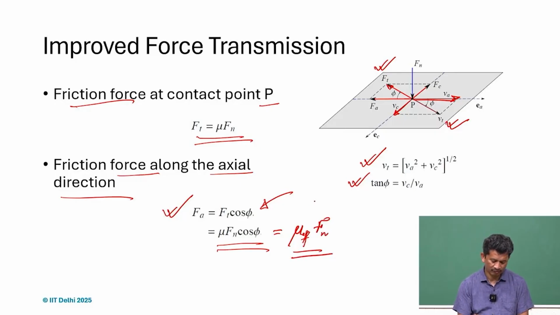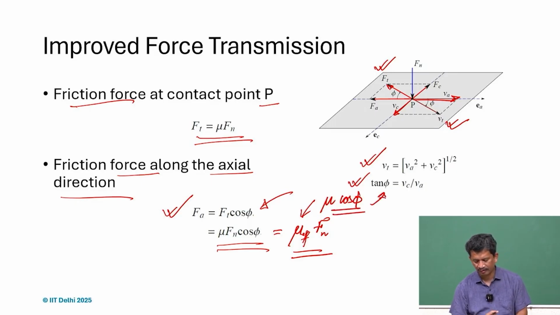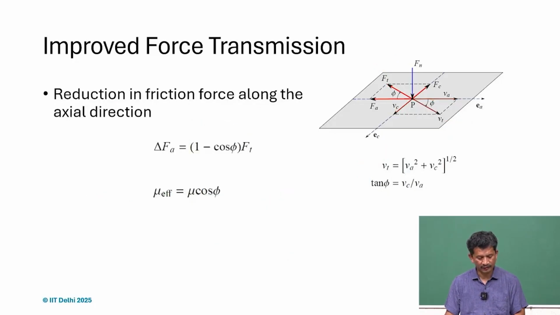So here mu effective will be simply mu cos phi, where phi is defined by this tan inverse Vc by Va. So I think modeling-wise it is a very simple model. The mathematics is also simple, so it's not so complex. If you are able to visualize, I think it's very easy.